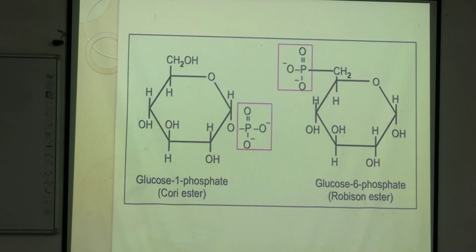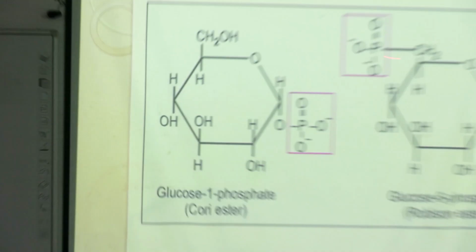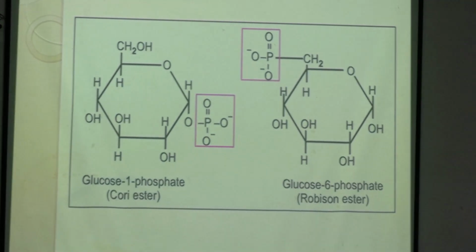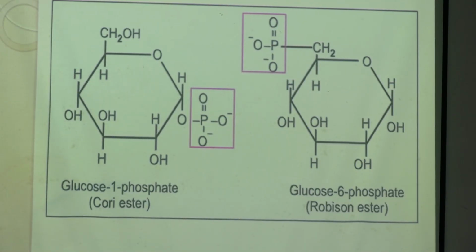So, how does it look? If the ester formation is in carbon 1, it is glucose 1-phosphate. If the ester is in C6 carbon, it is glucose 6-phosphate. Phosphate will be attached to the glucose molecule again by the oxygen, right?